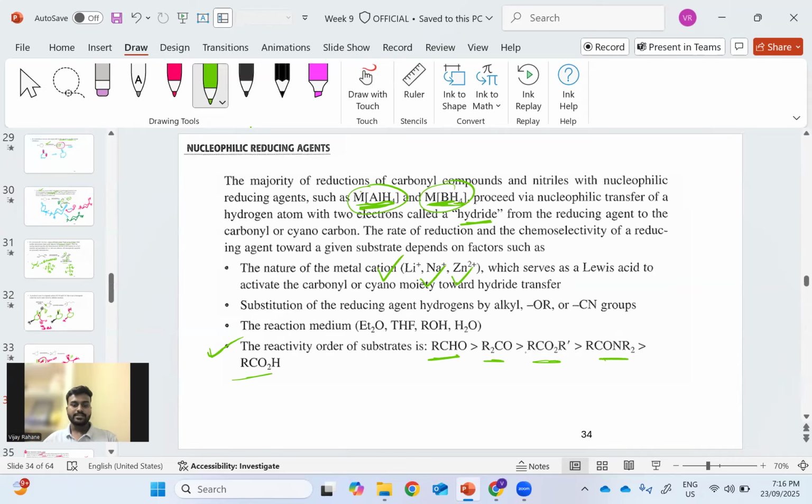For LiAlH4, NaBH4, or Zn(BH4)2, the same reactivity order will be followed: aldehydes, then ketones, then esters, then amides, and then the acids. So you can keep remembering this reactivity order.